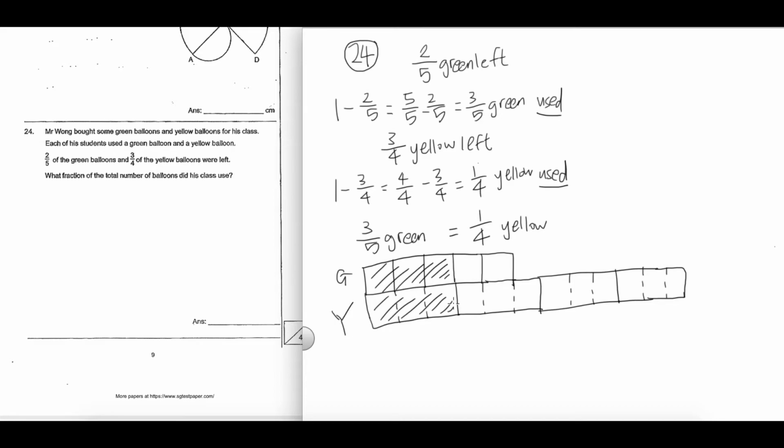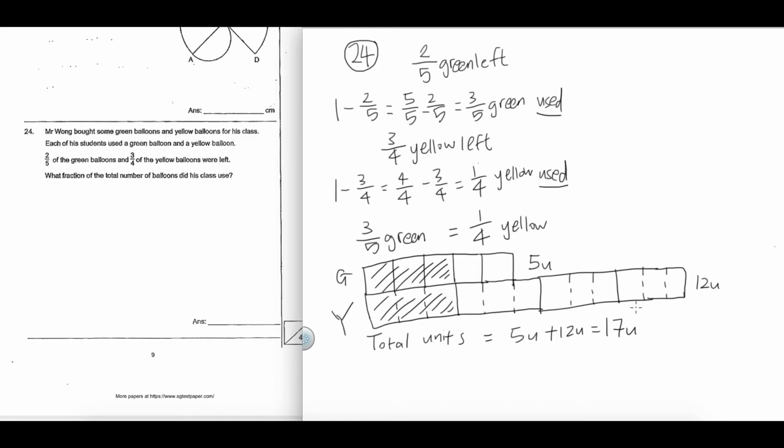What fraction of the total number of balloons did his class use? What is the total number of units that you can count? Okay, green has 5 units and yellow has 3 times 4, which is 12 units. Okay, total units is 17. Alright, so how much was used?